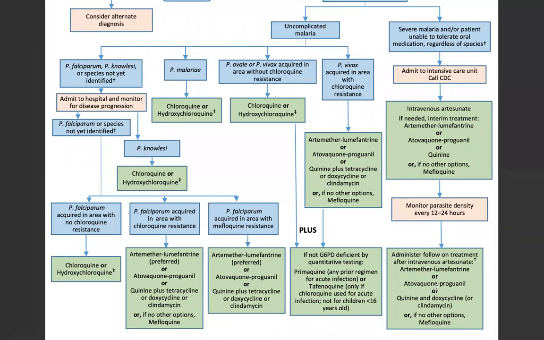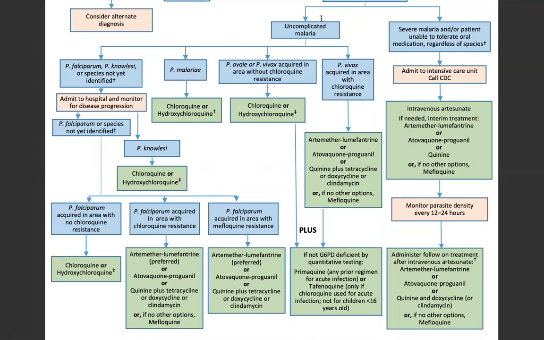The topmost preferred is one intravenous shot of artesunate, or artemether-lumefantrine, atovaquone-proguanil, quinine, or mefloquine. This drug should be decided by the doctors according to the availability, the patient history, and the situation.